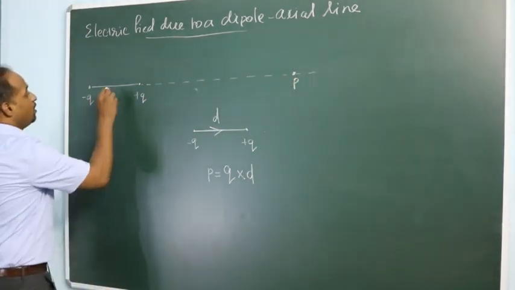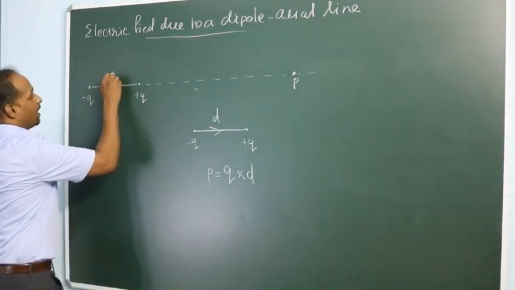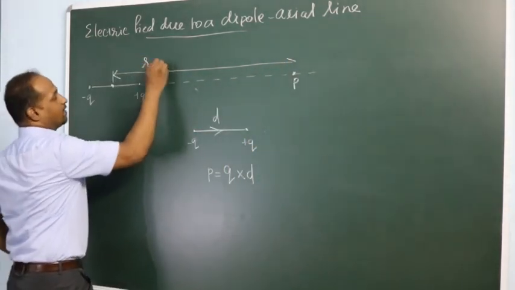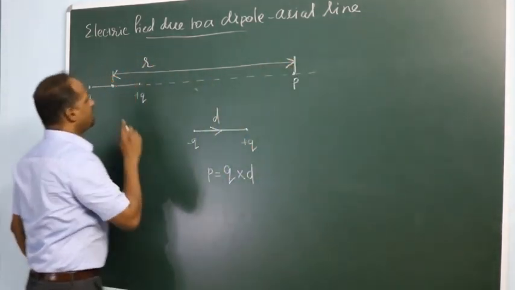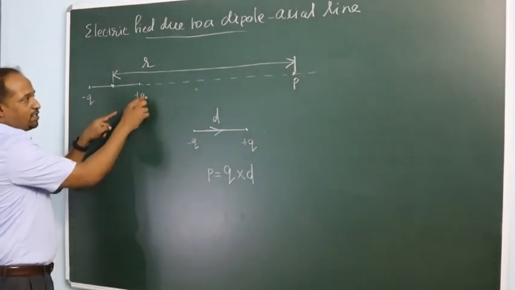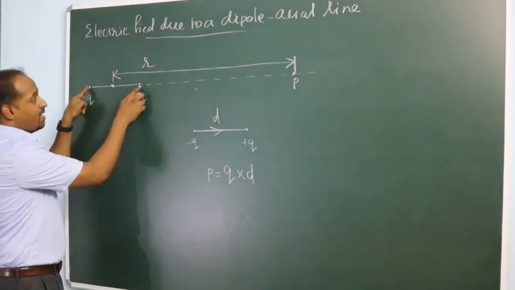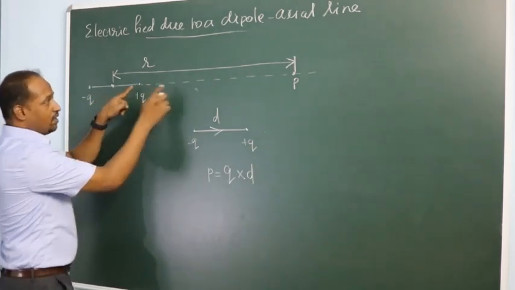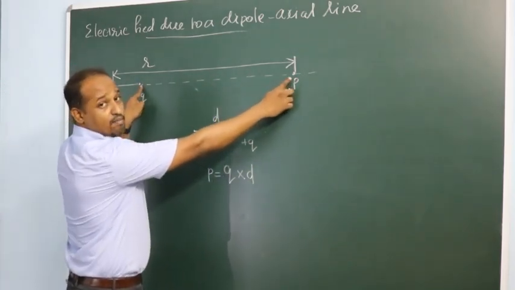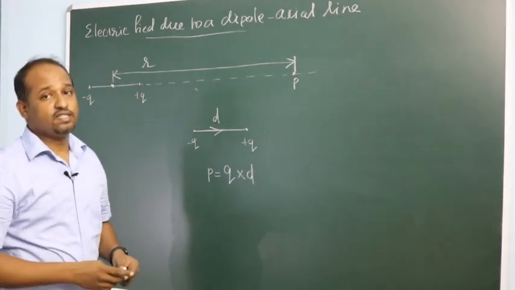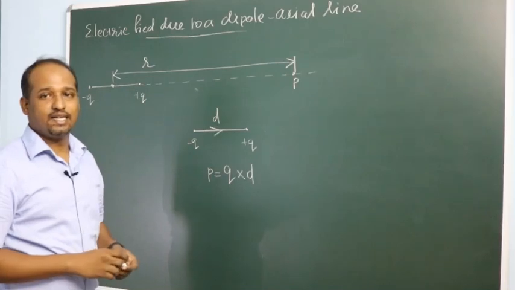I may choose to measure from the center of the dipole, so the point P is at a distance r. Then what is the distance of the charge plus q? If you take the total distance as d, this becomes d by 2, and the distance becomes r minus d by 2, which I would have to square in the equation, introducing unnecessary trouble.